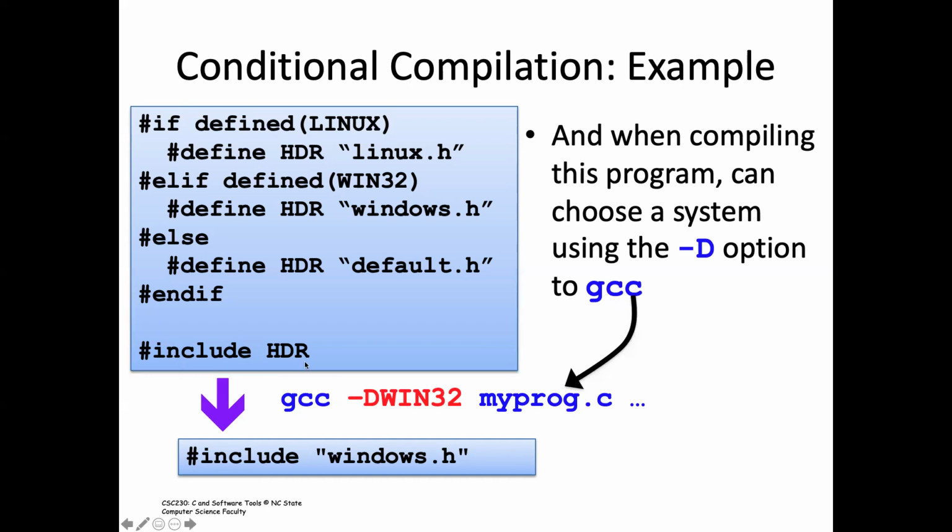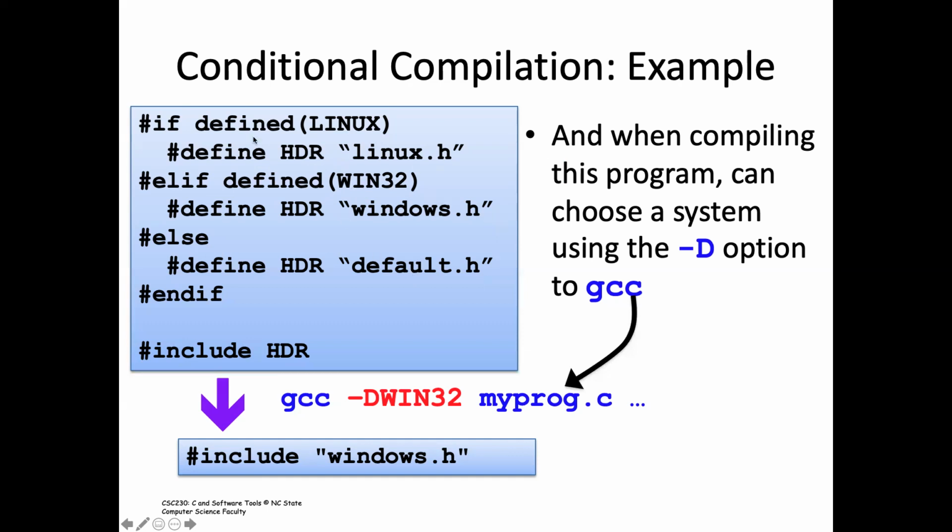But before I actually include it, I've got a block of code that decides what the name of the header should be based on what system I'm on. Let's say if you're on a Linux system, this preprocessor symbol Linux would be defined. If so, I'll set header to be linux.h. If I'm on a Windows machine, maybe I'll define Win32, and I'll set that same symbol to be something different on a Windows machine, or my fallback if I'm on some other machine.